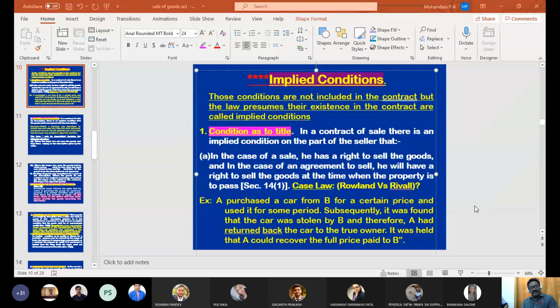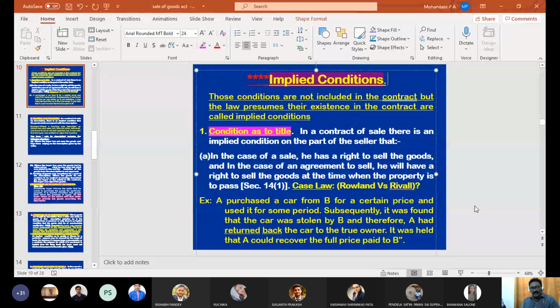Can you give me some examples of implied conditions? Yes. What is the first example? Implied condition as to title. What is the meaning of it? If a seller or manufacturer sells a product, the seller or manufacturer should have the ownership of it. Otherwise, he cannot sell it. Who says? The law says. Which law? Sale of Goods Act 1930. Is it clear to you, Vaishnavi? First example of implied condition.